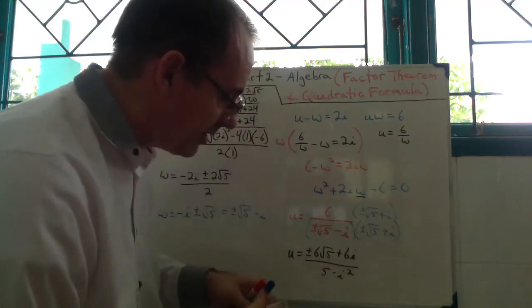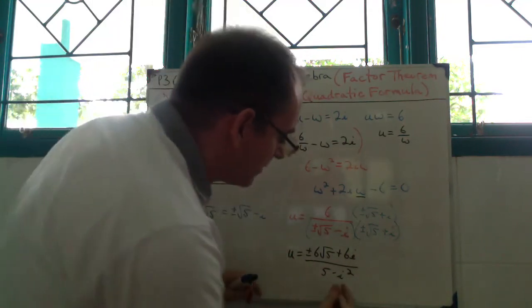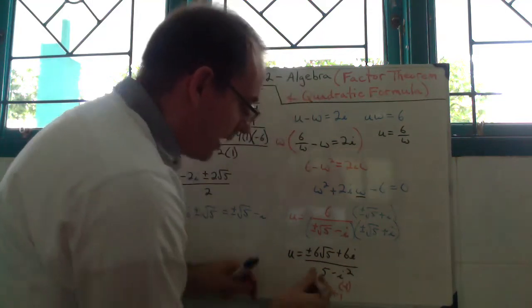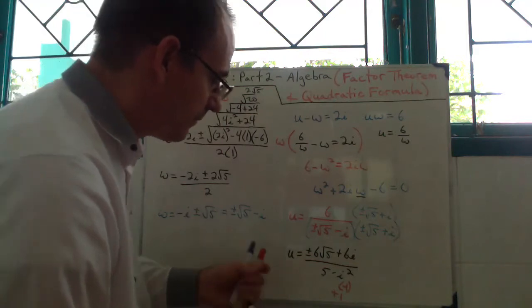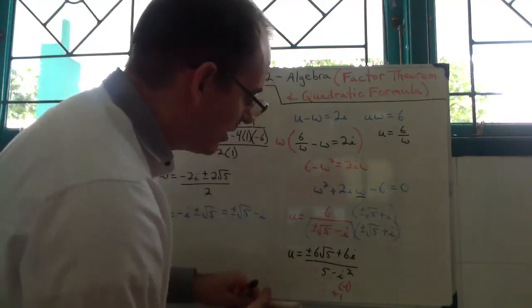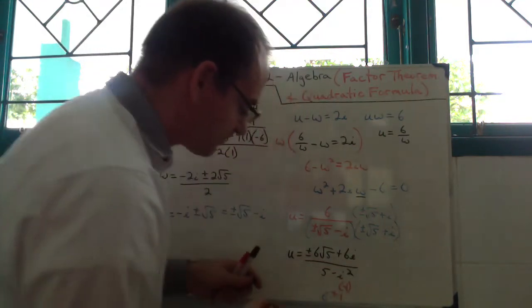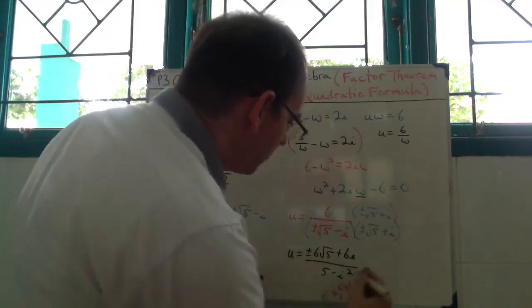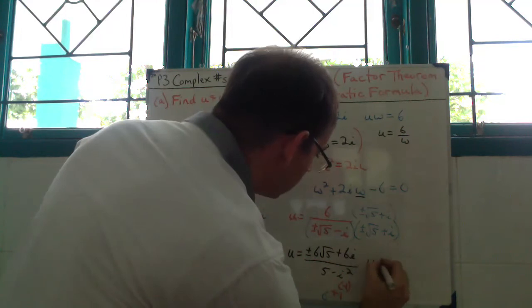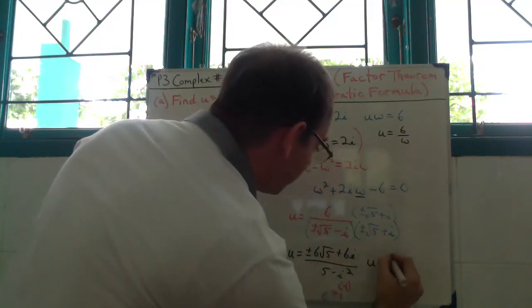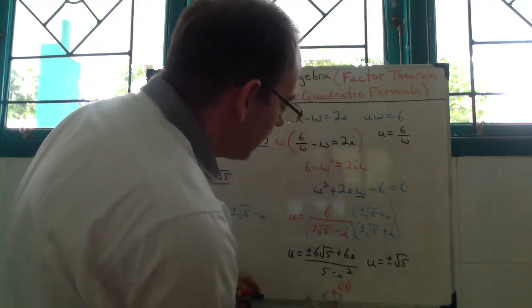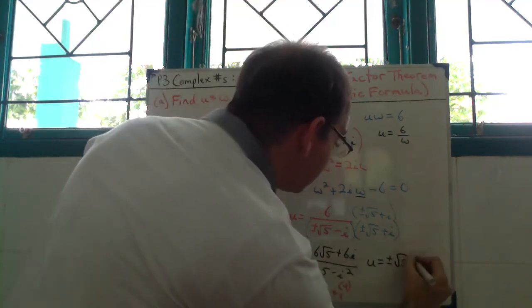Remember, i squared is a negative 1. So that becomes plus 1, and we end up with 6 on the bottom. So we have a total here of 6. The 6's also cancel out, so we end up with u equaling plus or minus root 5 plus i.